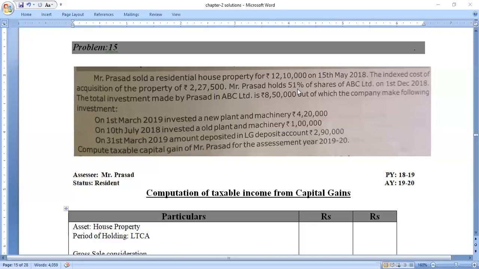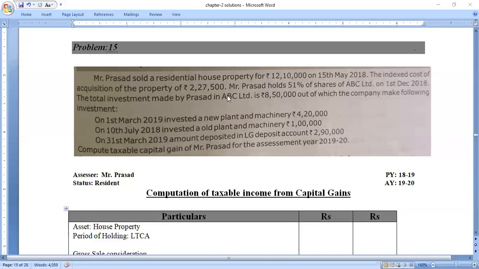Mr. Prasad holds 51% of shares of ABC Limited in December 2018. The total investment made by Prasad in ABC Limited is rupees 8,50,000, out of which the company makes the following investment.